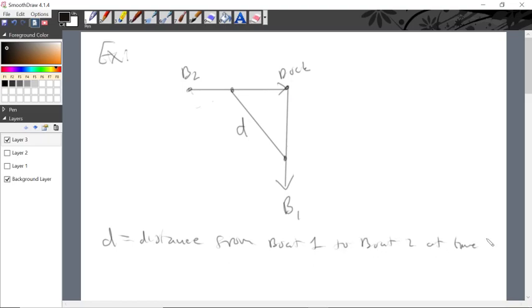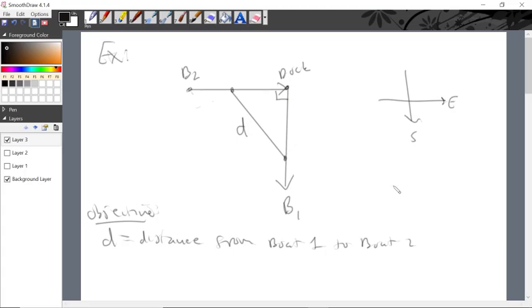And that can be at time T, ultimately. That's what I want. Let's see how we can construct it. This is going to be our objective right here, so that then we can minimize that distance. This gives us a nice right angle here, because we were told one boat was traveling east and the other was traveling south.